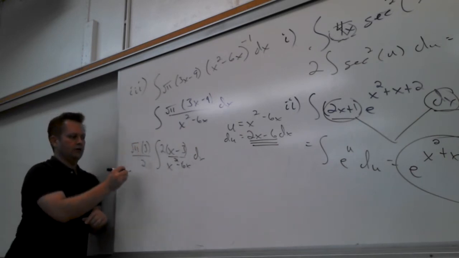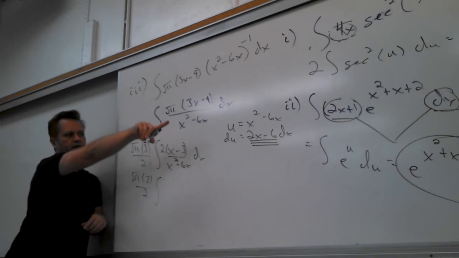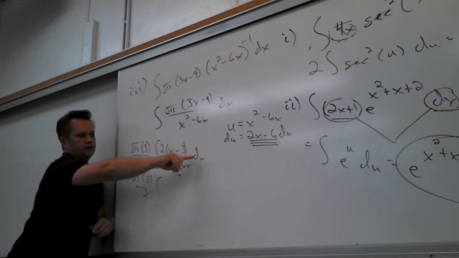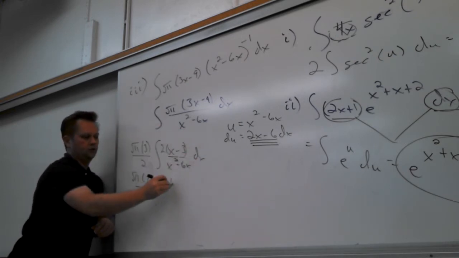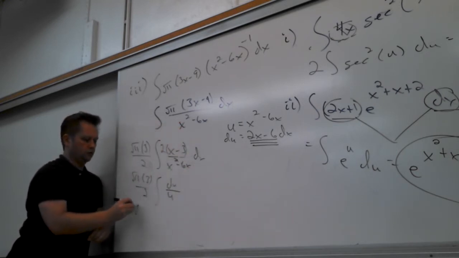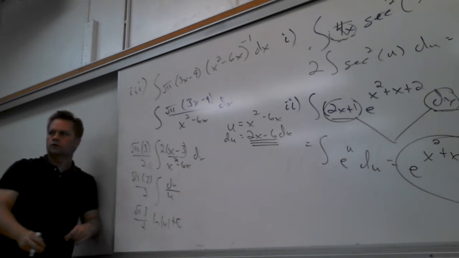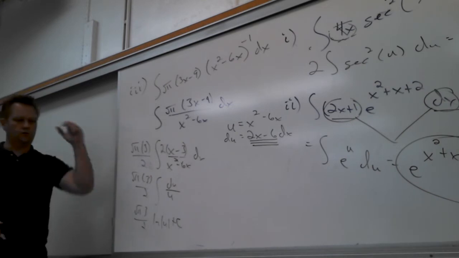All right, so now what do I have? I have square root of 11 times 3 over 2. Now I happen to rewrite this: 2x minus 6 dx is du, x squared minus 6x is u. This is rad 11, 3 over 2 times the natural log of absolute value of u, plus c. And then you replace u with what it is.